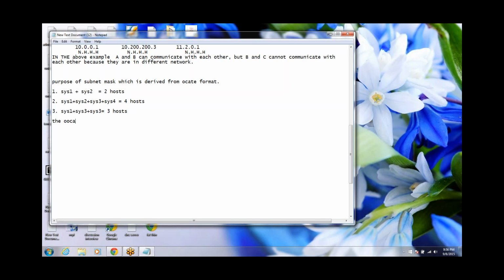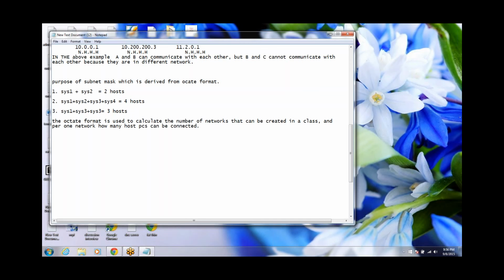If you want to do that calculation, we use the subnet mask. The octet format is used to calculate the number of networks that can be created in a class, and per one network, how many hosts can be connected.